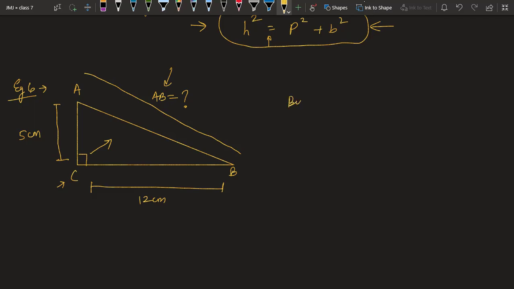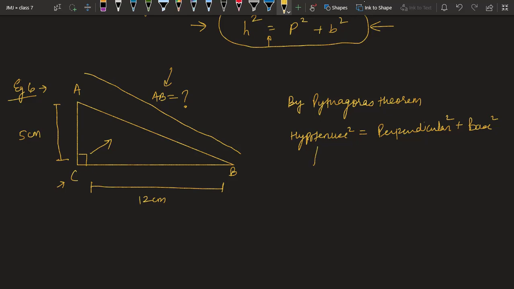We can say by Pythagoras theorem we know hypotenuse square is equal to perpendicular square plus base square. The value of hypotenuse is not known to us, it is AB only. We can write AB whole square is equal to perpendicular.